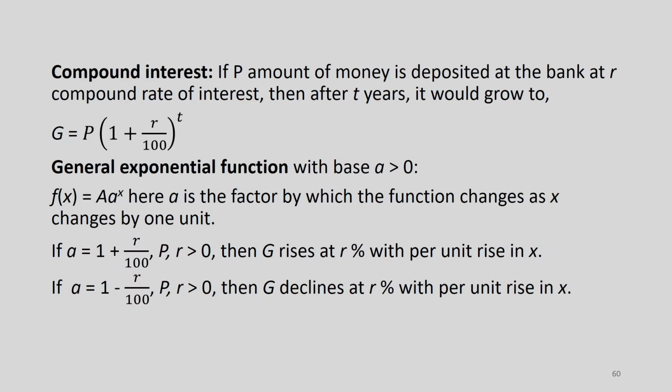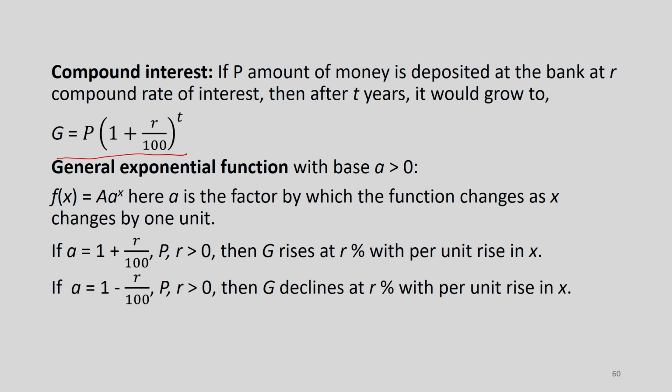Compound interest. So, this is another application of exponential functions. Suppose P amount of money is deposited at the bank at R compound rate of interest. Then after t years it would grow to this number. Capital G is equal to P, P is the amount of money that was deposited initially, multiplied by 1 plus R divided by 100 whole thing to the power small t.